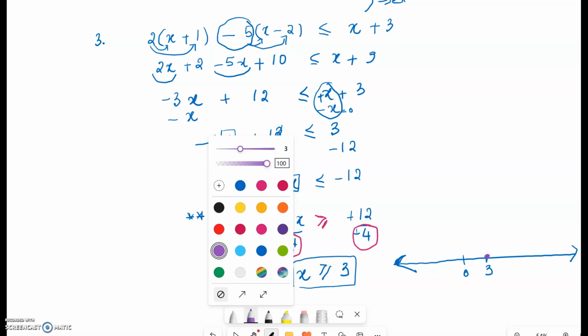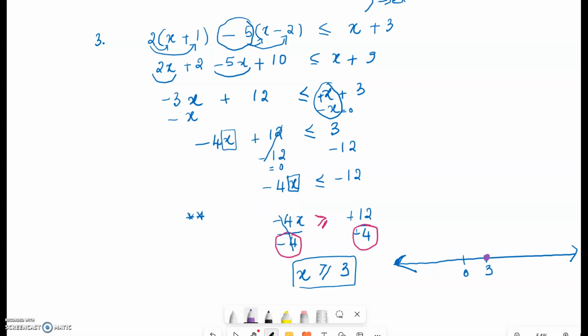I'm going to put a solid dot because 3 is included, and everything greater than 3 is also included. So all real numbers greater than or equal to 3. I'm going to include the 3 and everything to the right of it, everything. And that's why there is no upper limit. It goes on to infinity. And this is the interval notation.